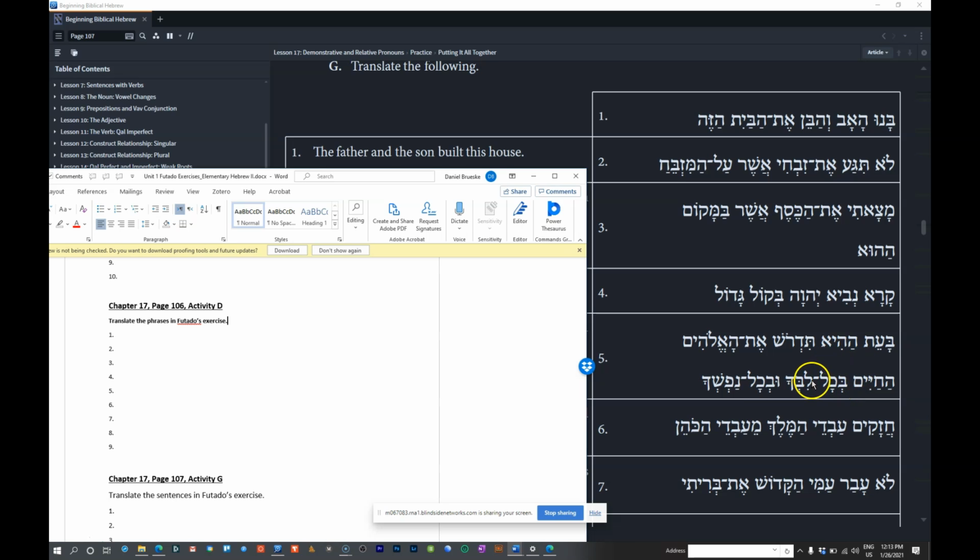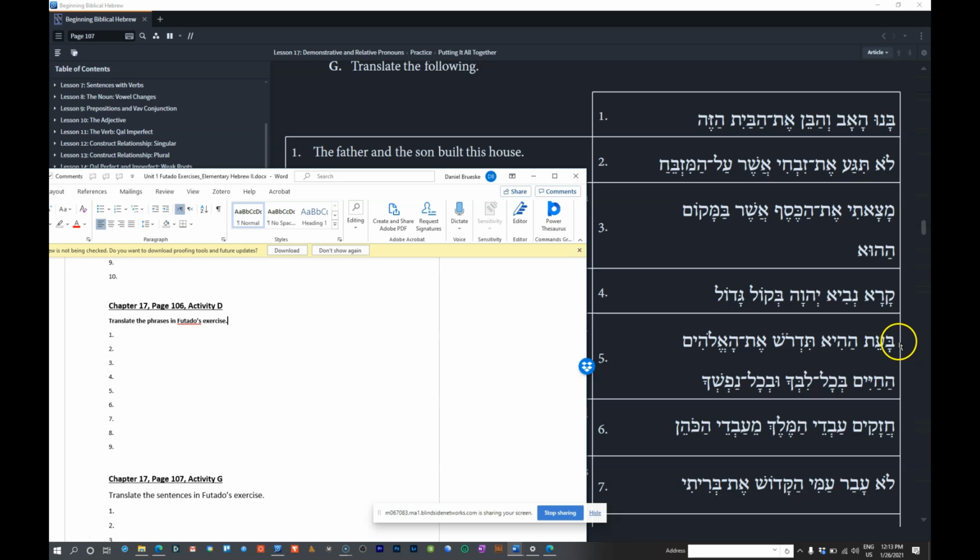Bechol is with all. Levavcha is levav with the kaf suffix. This is the 2ms suffix. With all your heart. And with all nafshecha, your soul.